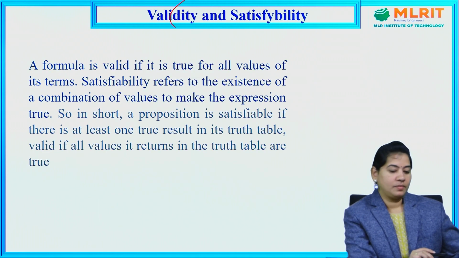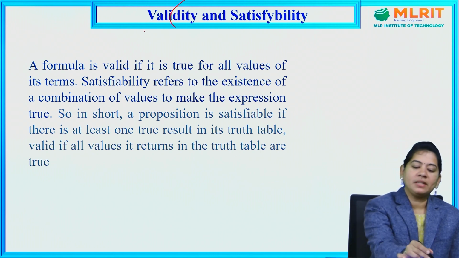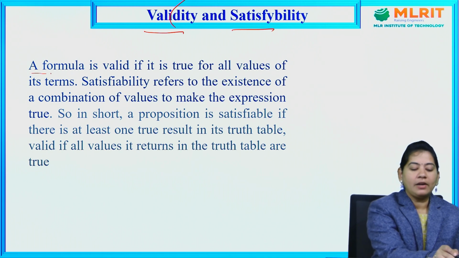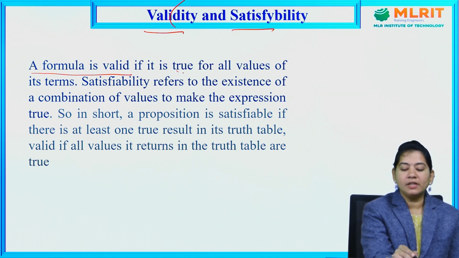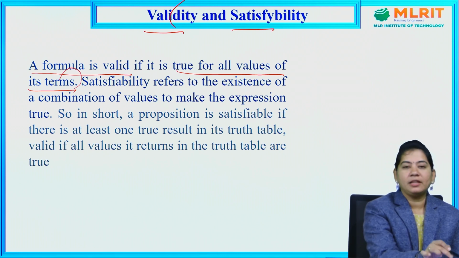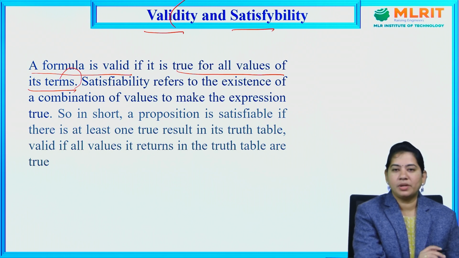Next, we have validity and satisfiability. So what is meant by validity and satisfiability? First, let us see validity here. A formula is valid if it is true for all values of its terms. That is nothing but a statement formula is said to be valid if it is necessarily true under all possible situations.